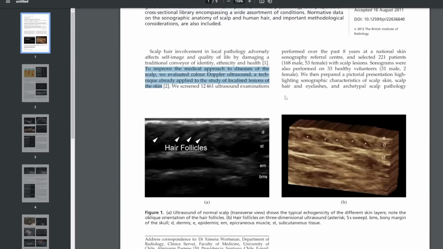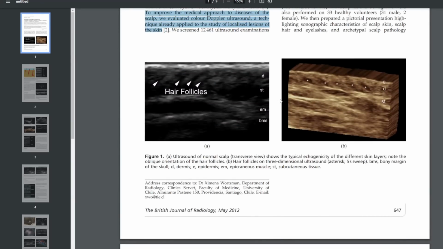But I want to go further back up into the study. First and foremost, the ultrasound technology at specific frequencies is able to show the hair follicle structures and topology of the skin, or the dermal structure.